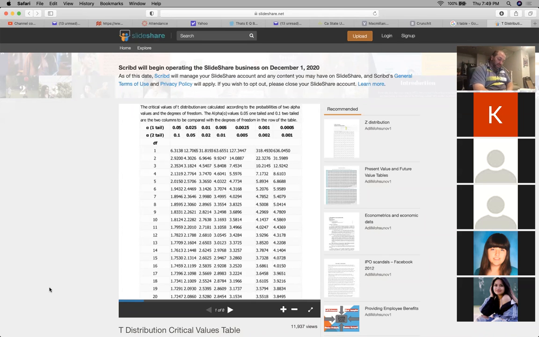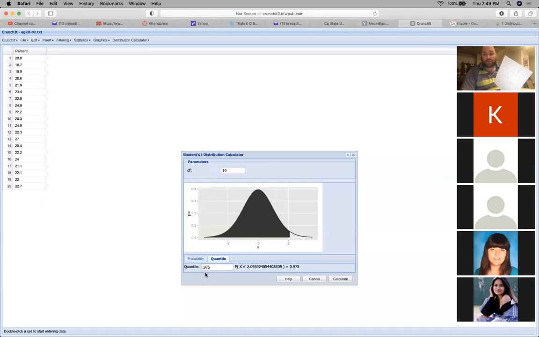So if I take this point right here that I'm looking for and I go left, that means there's a total of 97.5% to the left of it. So I'm looking for the point such that 97.5% is to the left of it. And if you look at the Crunchit thing, being less than 2.093 gives me 0.975. The probability of being less than it is 0.975. So you can see the table works, Crunchit works. There's multiple ways of getting what we need.